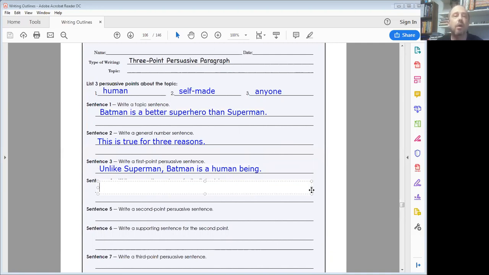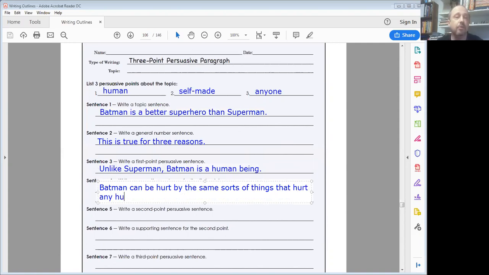So I'm going to continue this with, Batman can be hurt by the same sorts of things that hurt any human being. Right, and I think that's good enough for our purposes here, because this is a pre-rough draft. This isn't even my rough draft. This is a pre-rough draft, okay?